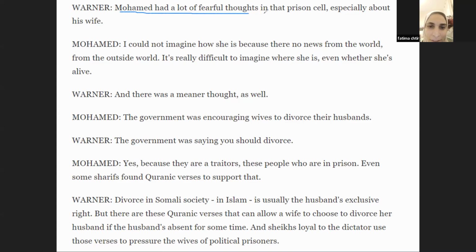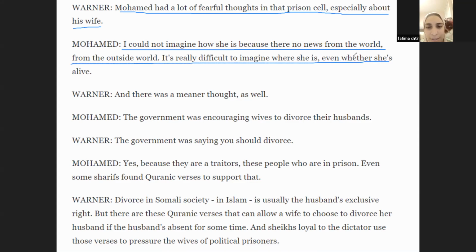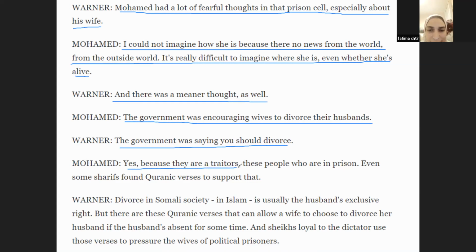Muhammad had a lot of fearful thoughts in the prison cell, especially about his wife. He could not imagine how she was, because there was no news from the outside world. It was really difficult to imagine where she was, even whether she was alive. And there was another thought as well. The government was encouraging wives to divorce their husbands. The government was saying you should divorce, because they are traitors, these people who are in prison.